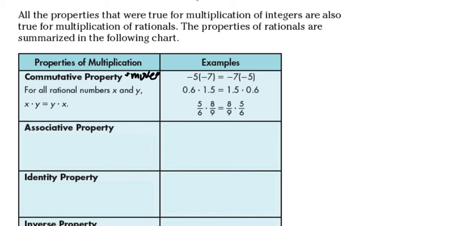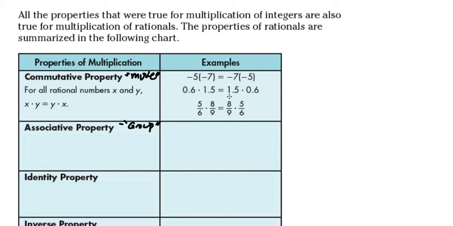In the associative property of multiplication, the root word that we need to talk about is associate, or group. So when you think about the associative property of multiplication, we are grouping numbers. In the commutative property, the order of the numbers changes. From 0.6 times 1.5, for example, it becomes 1.5 times 0.6.